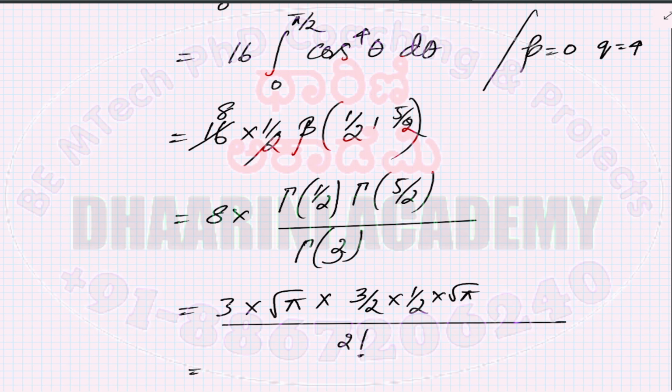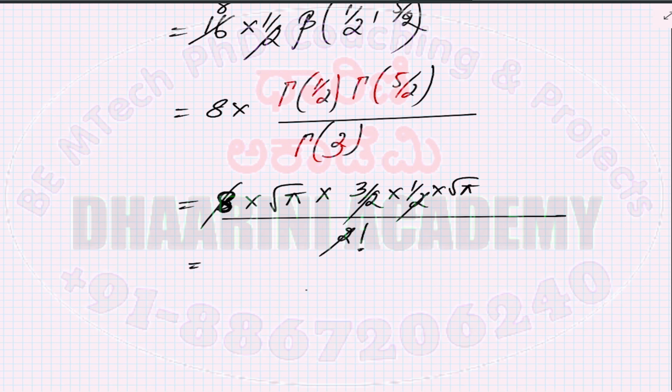Sorry, there is an 8 here, my mistake. So 2 into 2 into 2 will cancel. The 2 factorial and 8 will cancel, because 8 is in the numerator and the other terms are in the denominator. So this is 3, root pi into root pi is pi. So the final answer for the given integral is nothing but 3 pi.